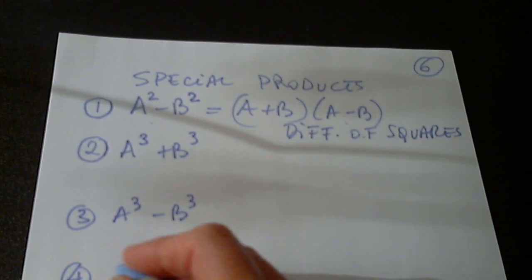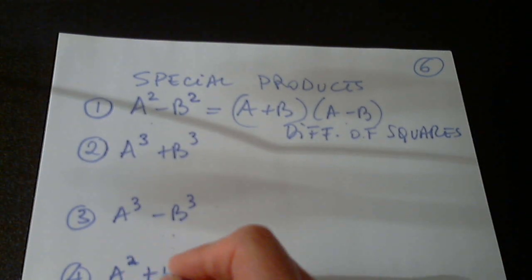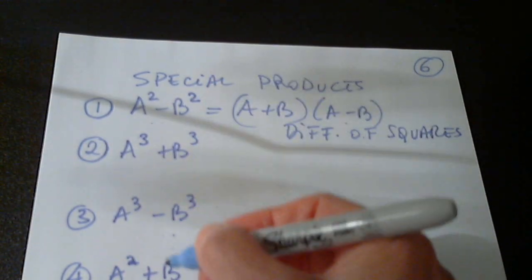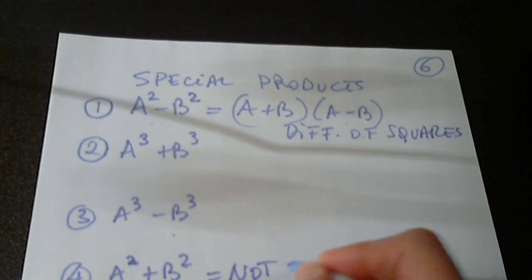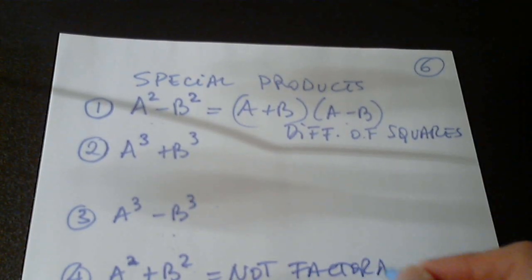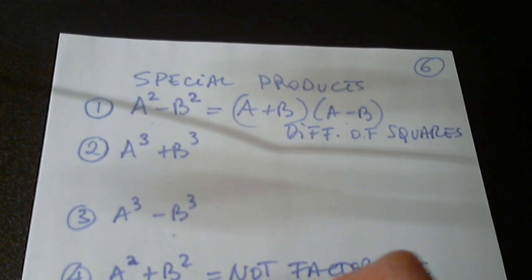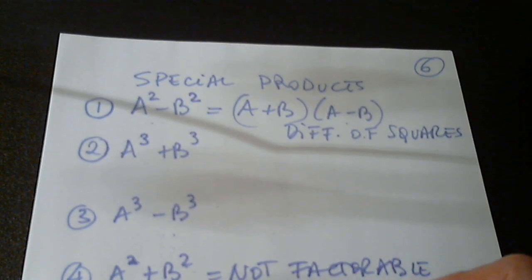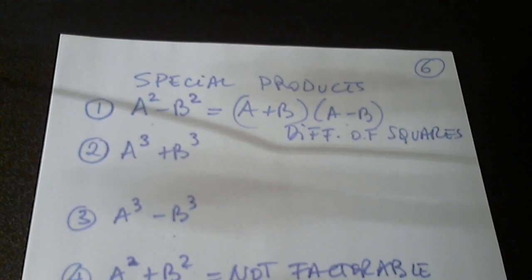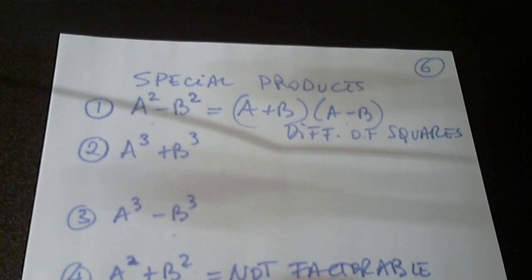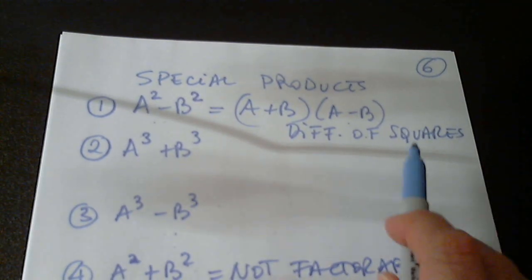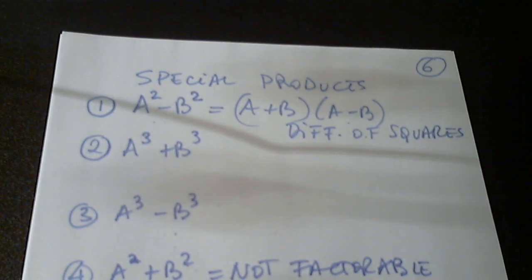And the last one is a squared plus b squared, which is not factorable using integers. So you can say, why are you adding it here? Because I would like you to remember that the sum of squares is not factorable using integers.